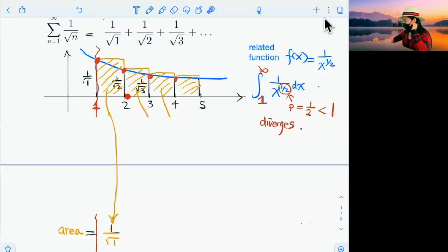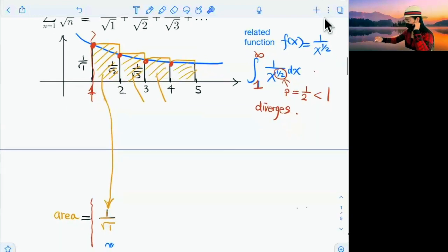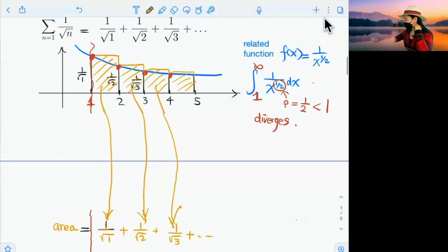What's the area for the second rectangle? Yes, 1 over square root of 2 times 1, which is just 1 over square root of 2, right? And then you can keep going. The next one, 1 over square root of 3, etc. I'm going to put the arrow here so you can see. If I sum up all those rectangles and compare with the area under the curve from 1 to infinity, which one is bigger?